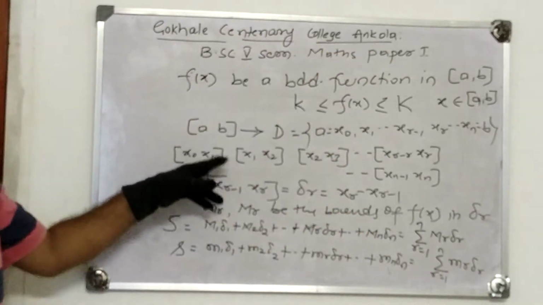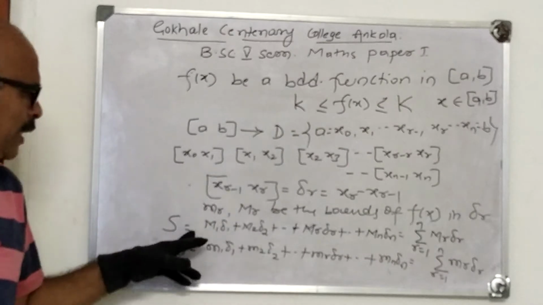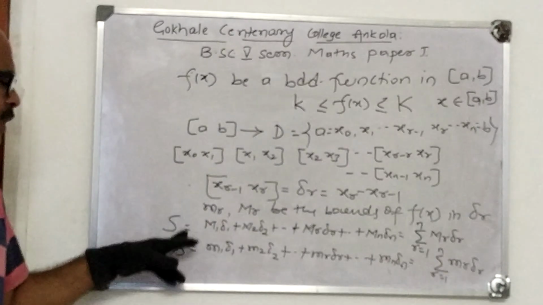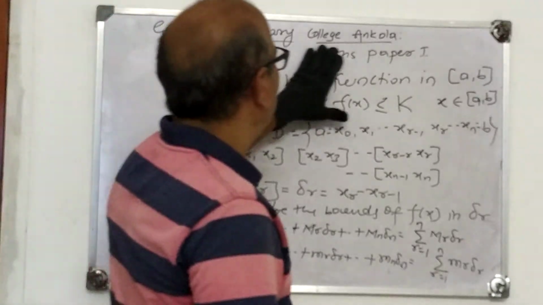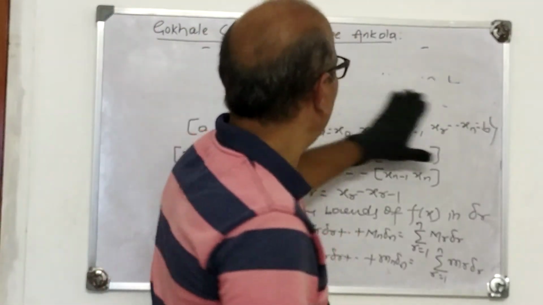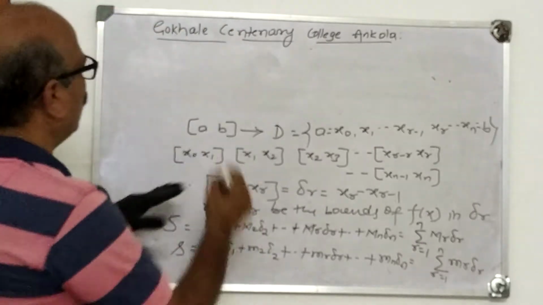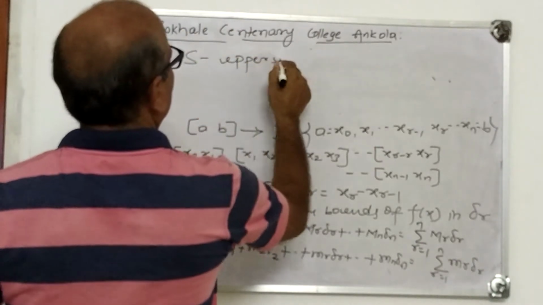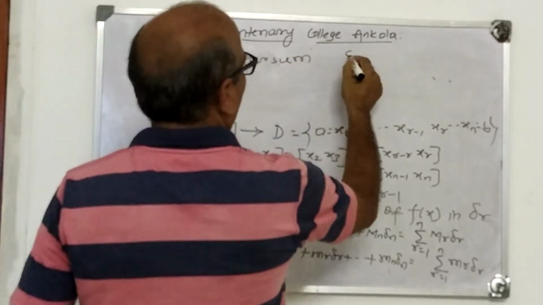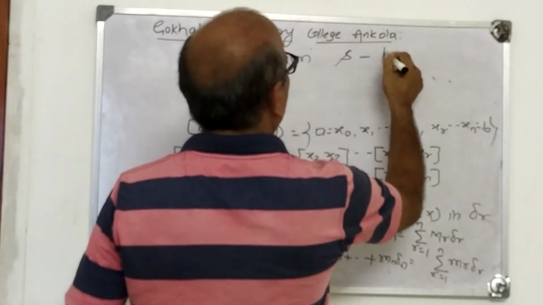Say we have divided AB into n number of subintervals and we have taken two sums here, capital S and small s. Now this capital S is called the upper sum. Small s is called the lower sum.